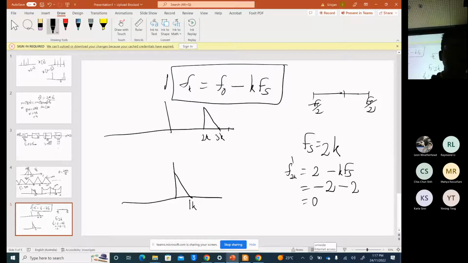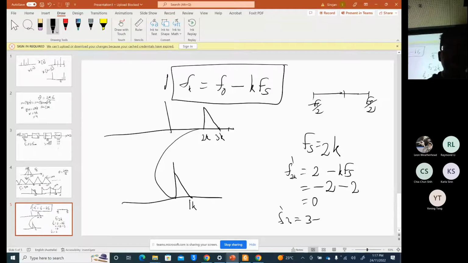So this point is going to come here. And then the 3 kilohertz point is going to be 3 minus 2 times K, so that means 1. So this point is going to come here, 1. Okay. So without any distortion, we get this signal from 0 to 1.